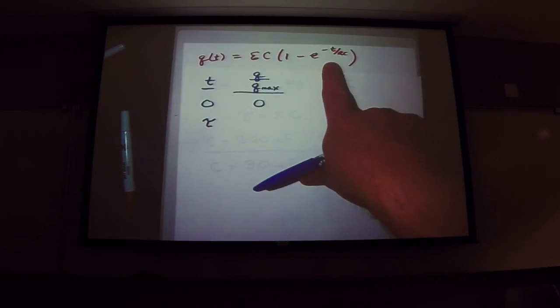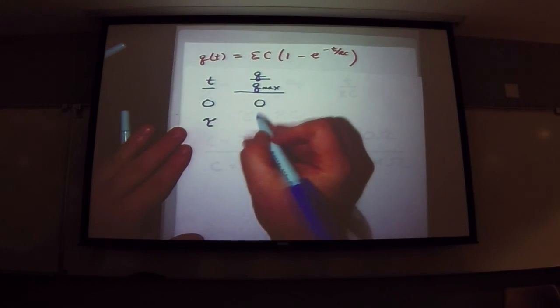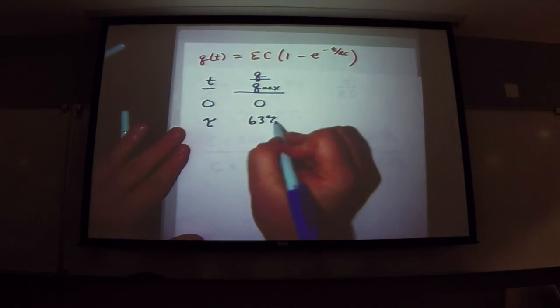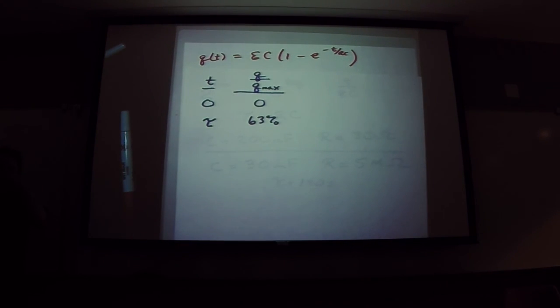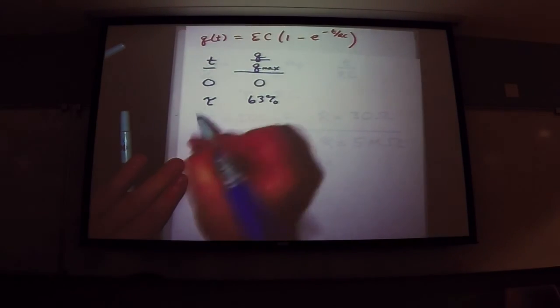0.632. So basically you've got about 63%. The capacitor's 63% charged after one time constant. What about 2 time constants?